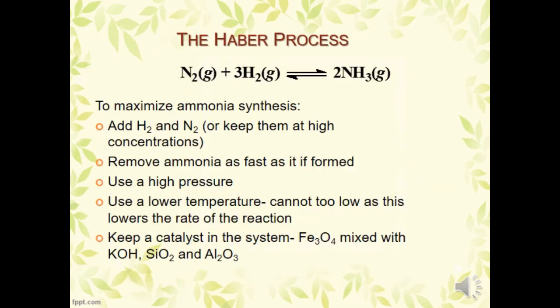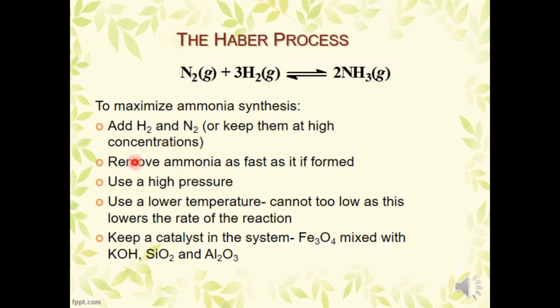So this is the summary of the Haber process. Based on the Le Chatelier principle, to maximize the formation of ammonia industrially, keep on adding the reactants continuously and at the same time keep on removing the ammonia as it forms.